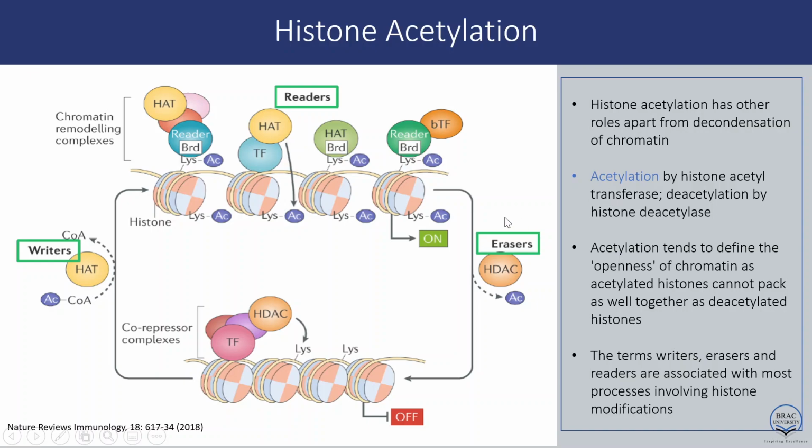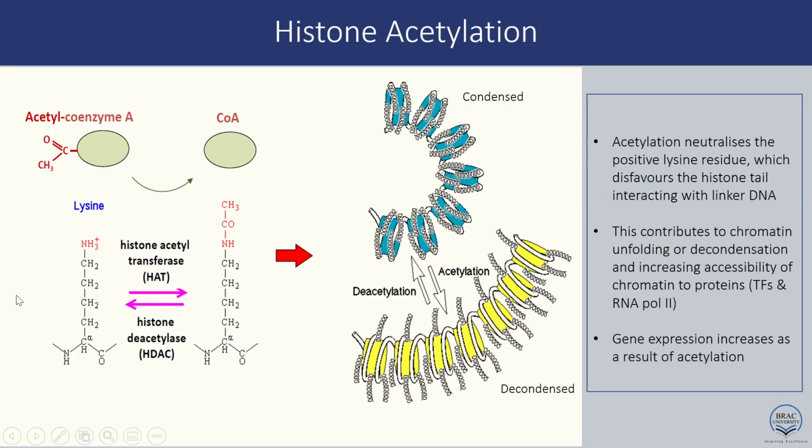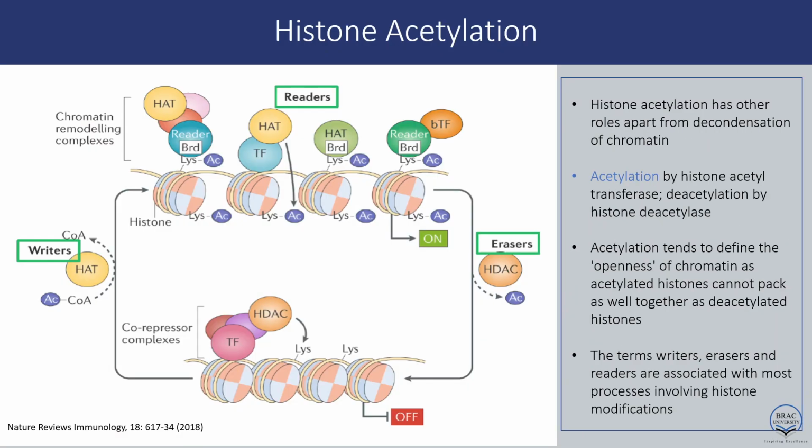In the earlier slide, if you recall, there was the lysine residue. In the lysine residue of the histone, the acetylation occurs. In this figure, this is one histone or one nucleosome, and this is the lysine residue. You can see the acetyl group is attached to this lysine.